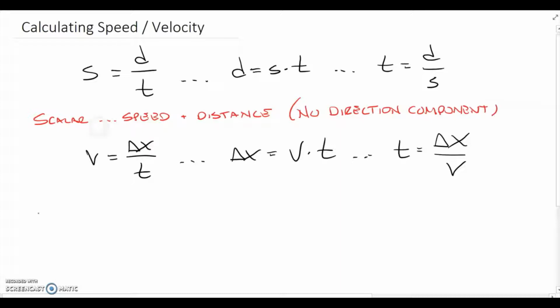However, velocity is what we call a vector. Velocity and displacement are vector quantities. They have magnitude and direction.